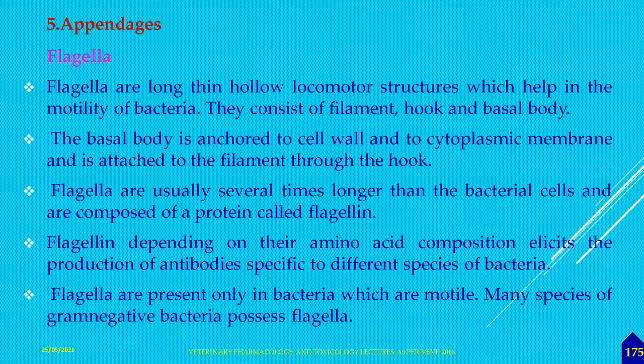And flagellin, depending on its amino acid composition, elicits the production of antibodies specific to different bacteria. So the flagella is responsible for the production of antibodies. The flagella are present only in bacteria which have motility. Many species of gram-negative bacteria possess flagella, whereas gram-positive bacteria do not have flagella in many species.